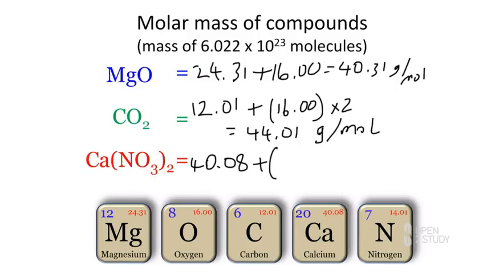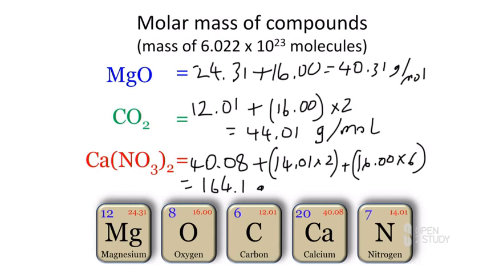So our nitrogen, that'll be 14.01 times 2. And for our oxygen, that will be 16.00 times 6. Add that all up and we get 164.1 gram per mole. We can now use these molar masses in our tool belt and our equations just like we would if we got them from the periodic table.